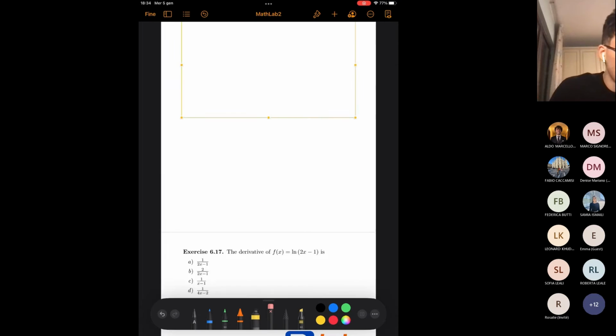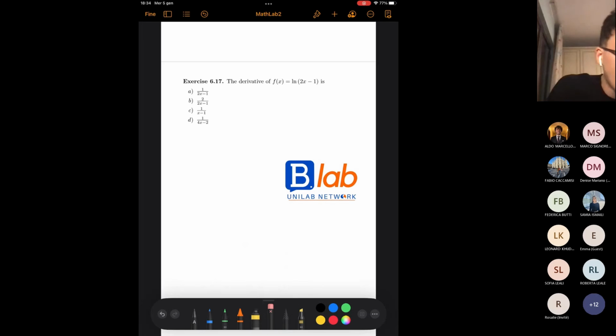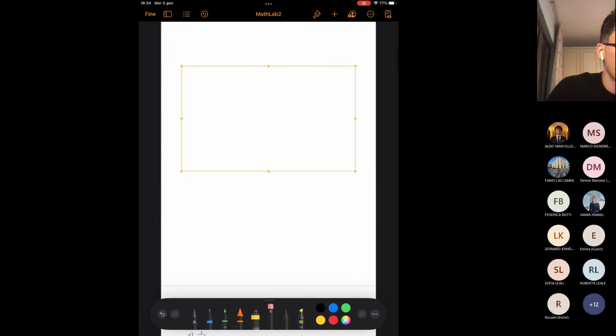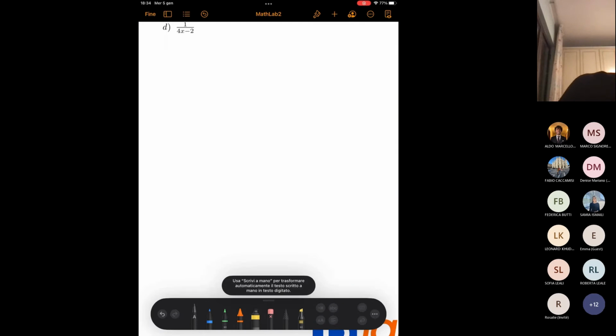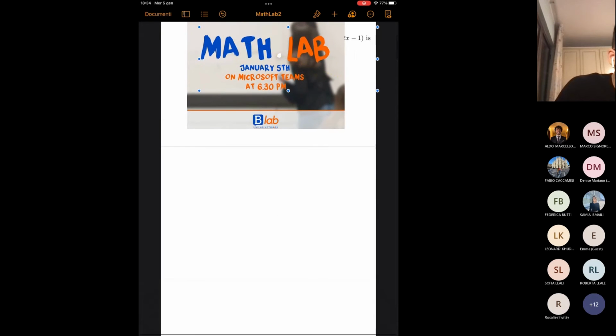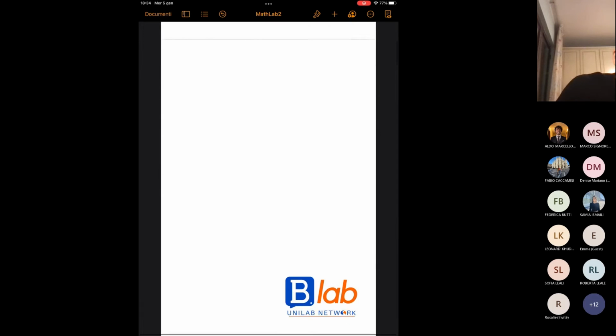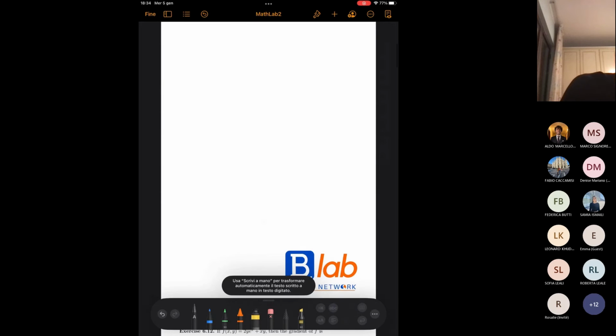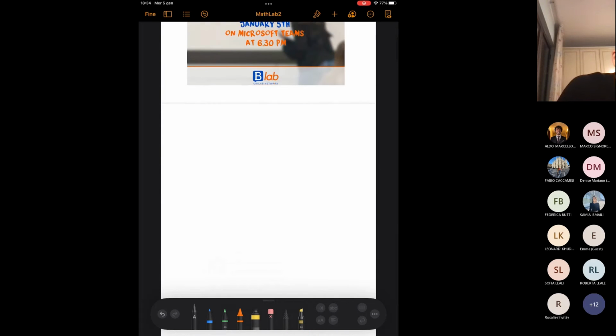This first exercise deals with the derivative of a compound function. It is the derivative of the function of a logarithm. So in order to solve this exercise, it's basically D, f of x is equal.